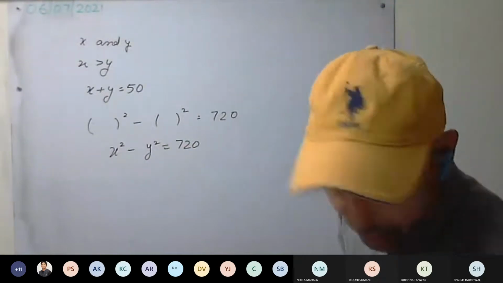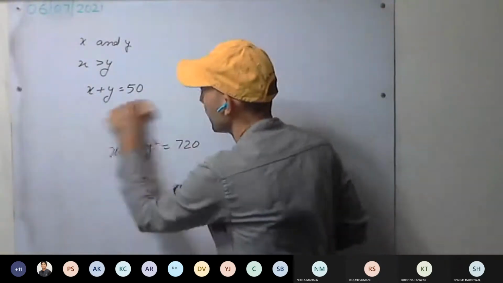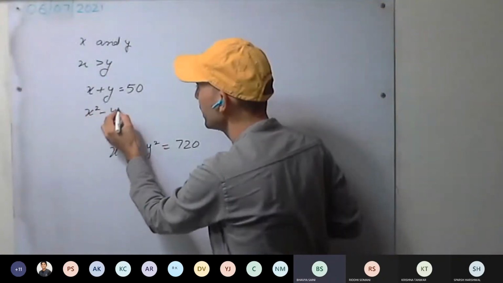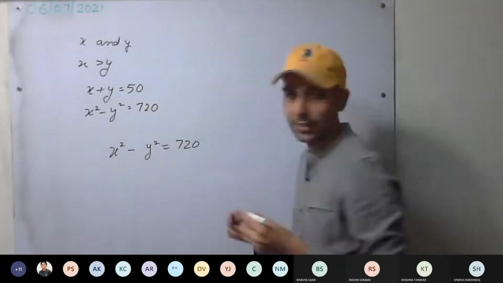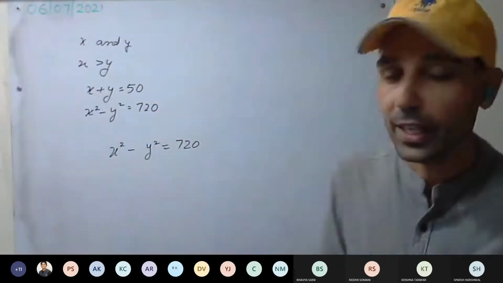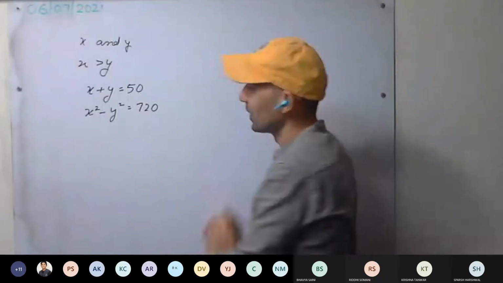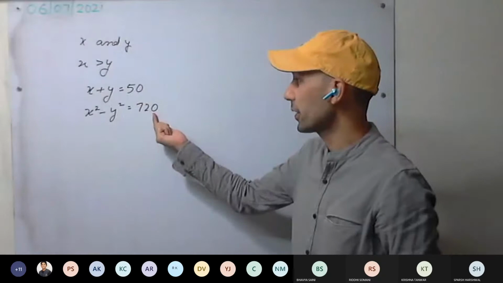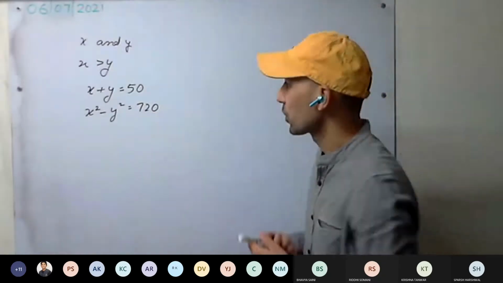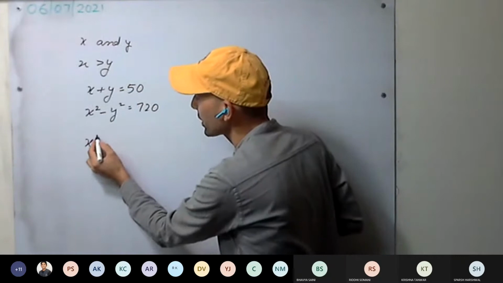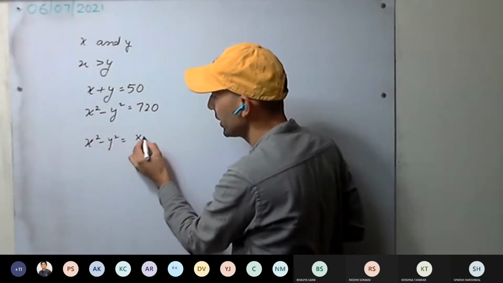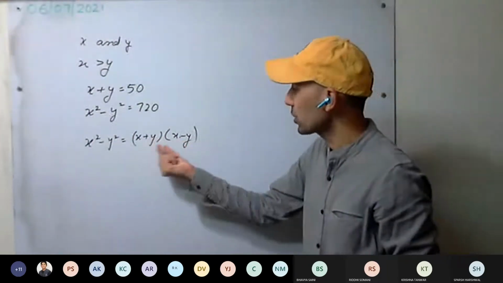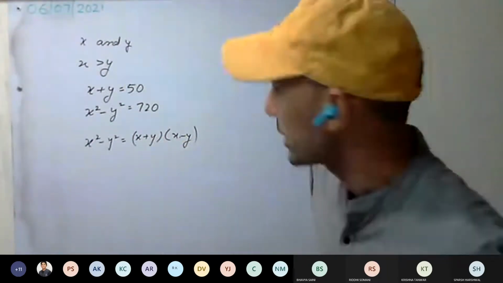How can we find them? We can use the identity, the most important identity for us. x squared minus y squared equals 720 is given. The identity is x squared minus y squared equals x plus y into x minus y.